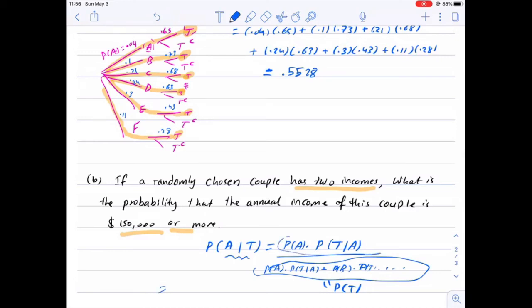Now probability of A times probability of T given A is the first branch. It's 0.04 times 0.65 over probability of T, which we computed in part A, 0.5528, and using a calculator we get an answer like 0.047.